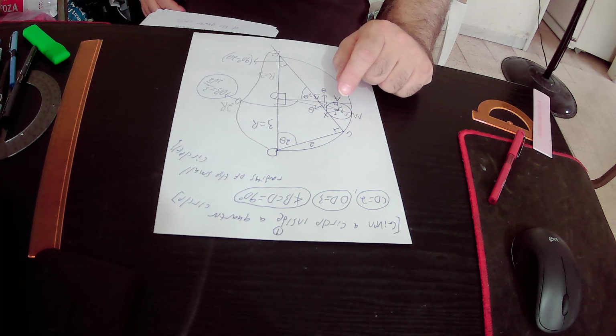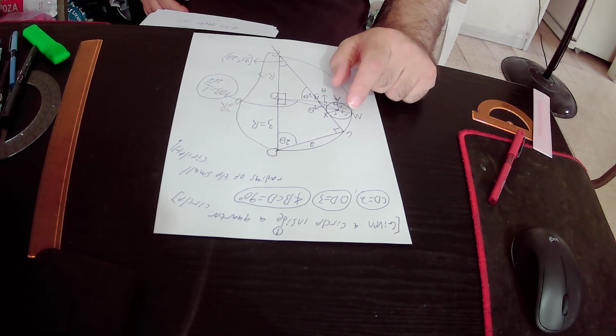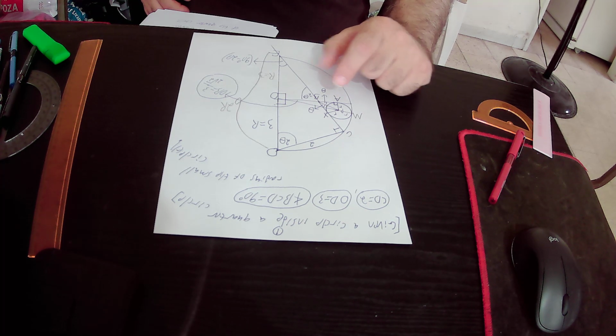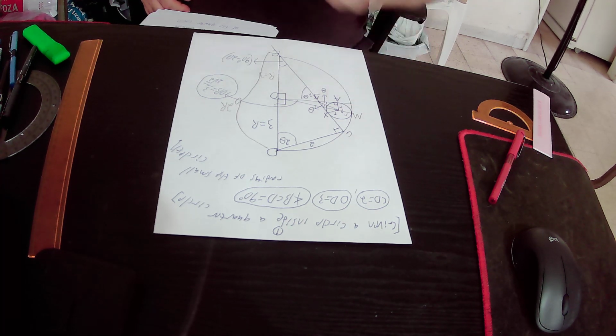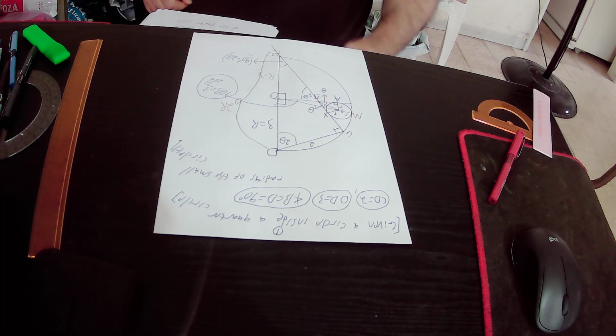angle ECD is the extension of CB, so it is the same angle. So angle ECD is a right angle, but angle ECD is a peripheral angle, and we have the rule that any peripheral angle that equals 90 degrees rests on the diameter of the circle.